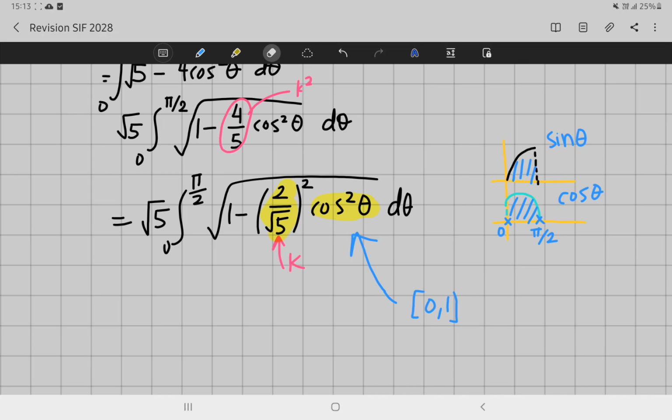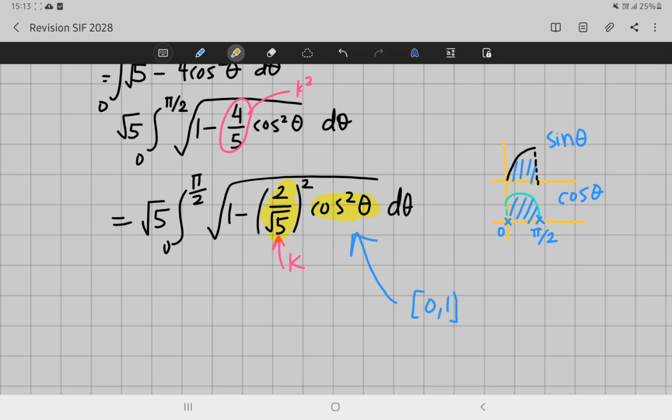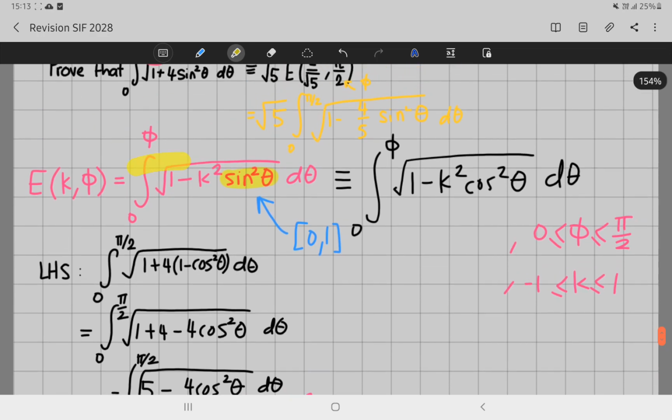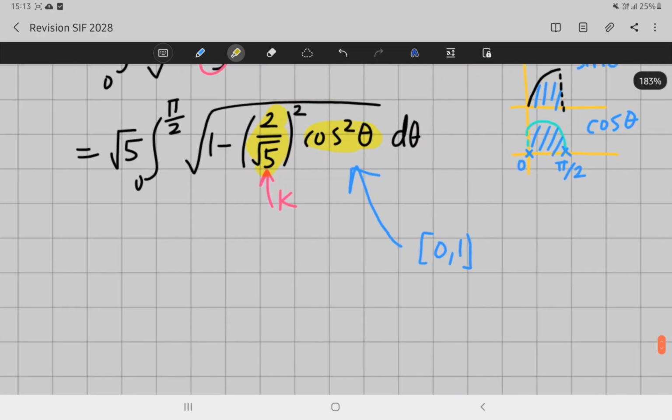Okay, so I have given you two explanations to convince yourself that this and this are the same. This is the alternative form of the elliptical integration with the cosine square term.